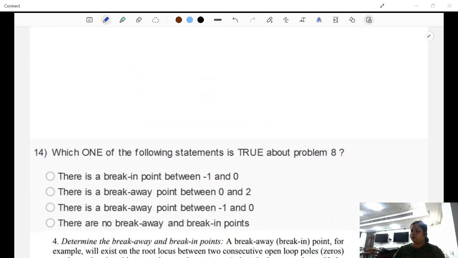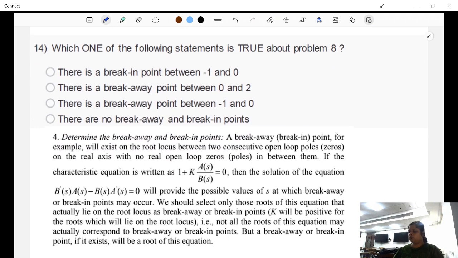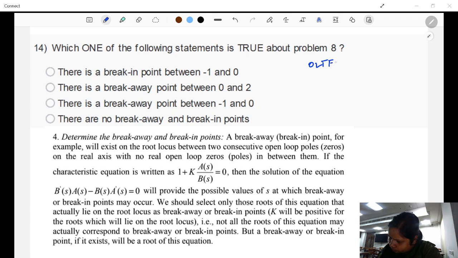Now the next question is, which one of the following is true about problem 8? What was problem 8? I'll write it once again. We are actually doing the same question. OLTF was k into (s plus 1) upon (s cube plus 2s square plus 2), right?